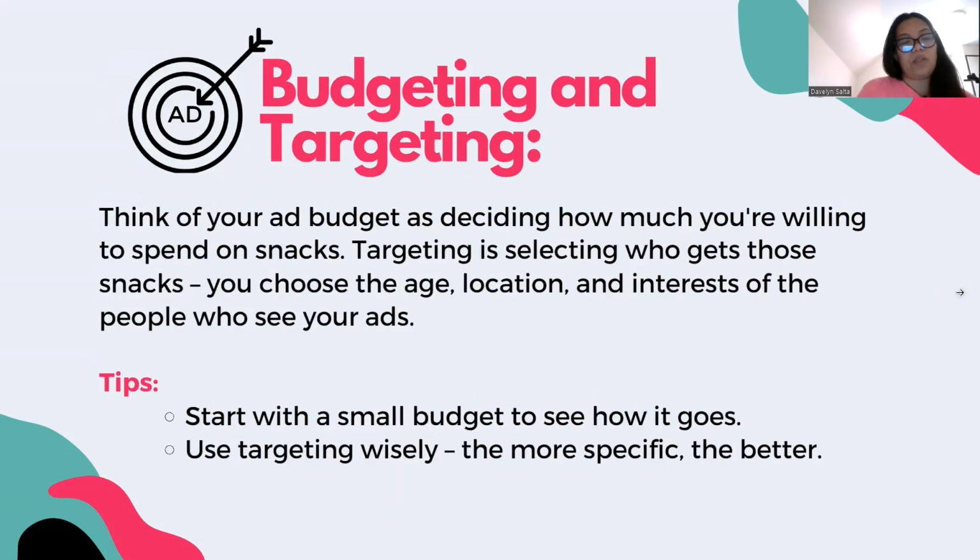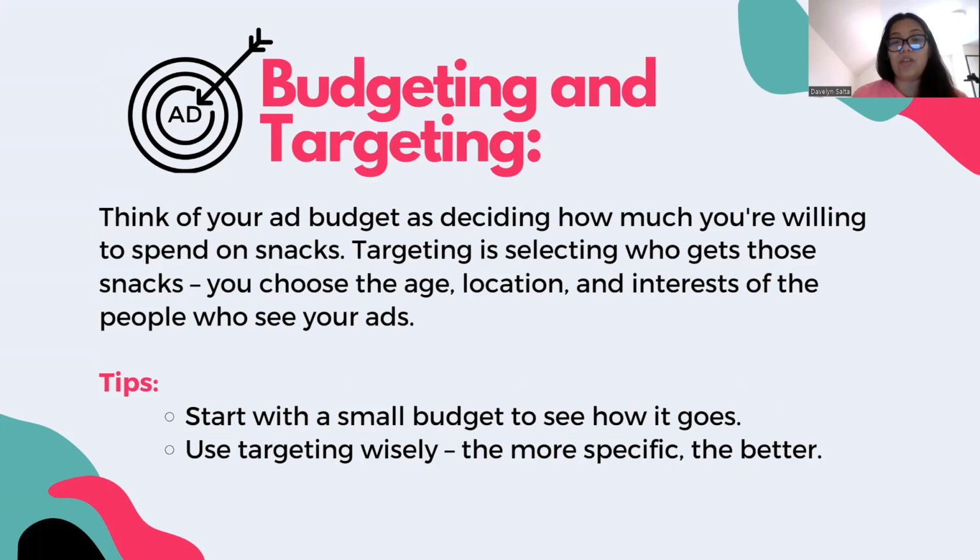Budgeting and targeting. Think of your ad budget as deciding how much you're willing to spend. Targeting is selecting who gets those snacks you're willing to spend on. So if you're targeting, you have to select who gets those snacks.